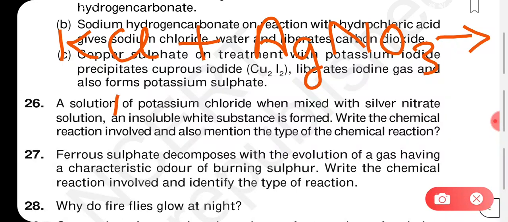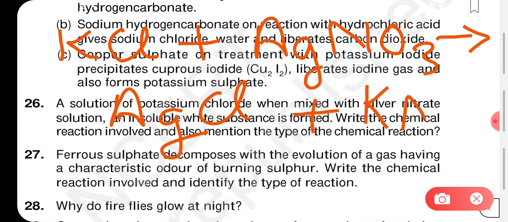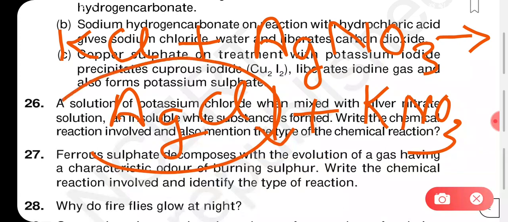It will give us a precipitate of AgCl. It's a white colored precipitate of silver chloride, and KNO3, that is potassium nitrate, is also formed. Since it is a precipitate, you can show it by putting a downward arrow. So AgCl is a precipitate which is formed when potassium chloride reacts with silver nitrate.